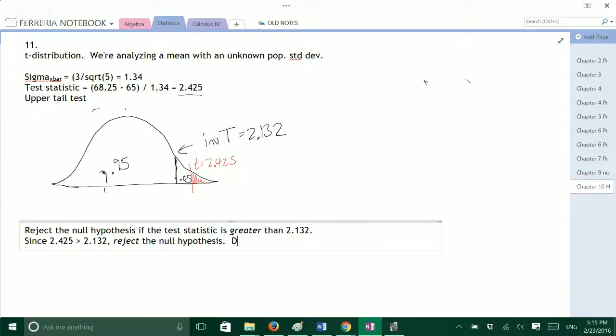Which means the data supports the alternative hypothesis, whatever that alternative hypothesis is. Or we could have just done the p-value here.